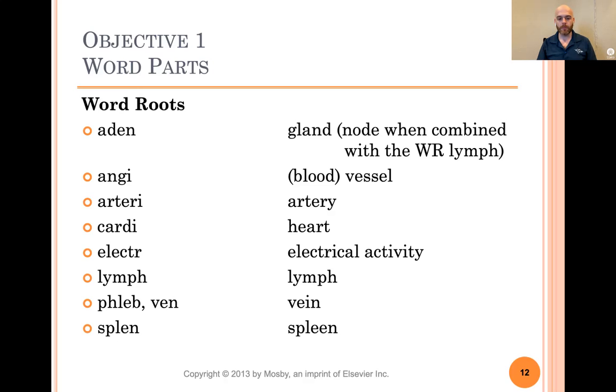Splen means spleen. Thromb means blood clot, okay? And I'm going to tell you there's going to be a few words that mean blood clot. Sometimes the blood clot is named by the place in the body where it's formed.